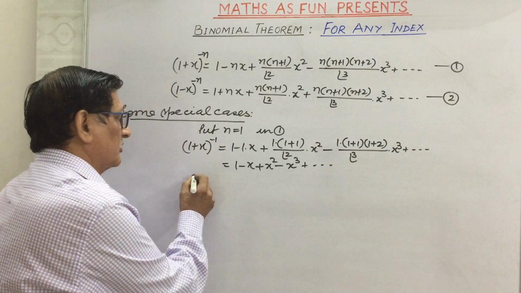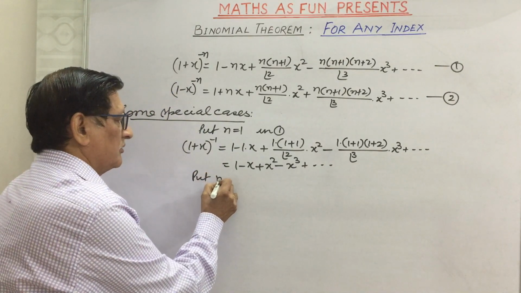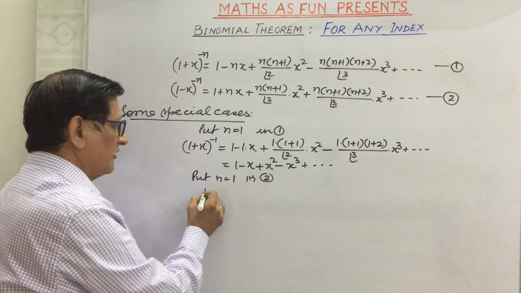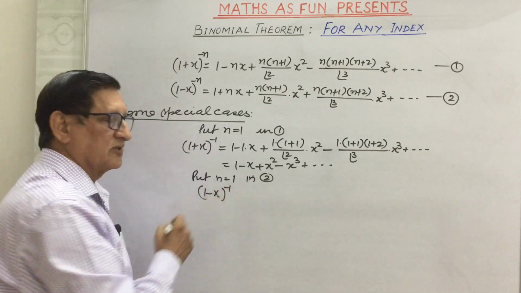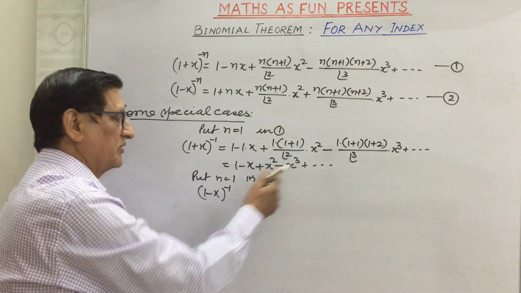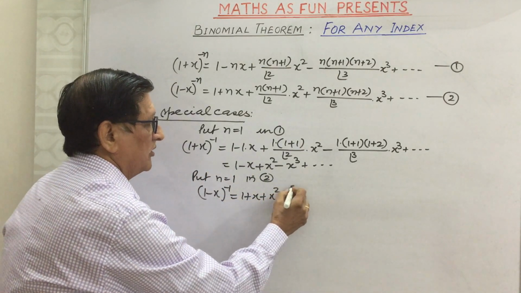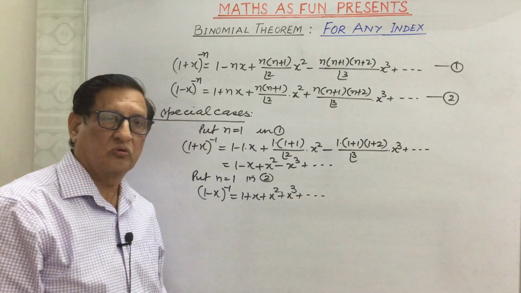When we put n is equal to 1 in 2, this will be 1 minus x power minus 1 and all the terms will become positive, 1 plus x plus x square plus x cube plus so on.